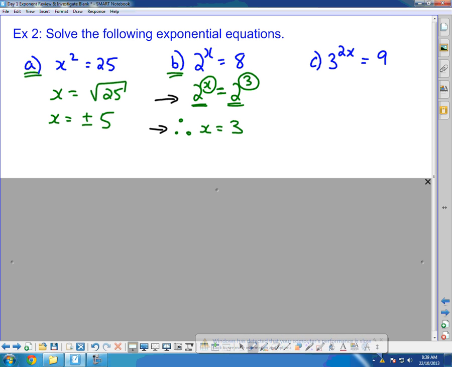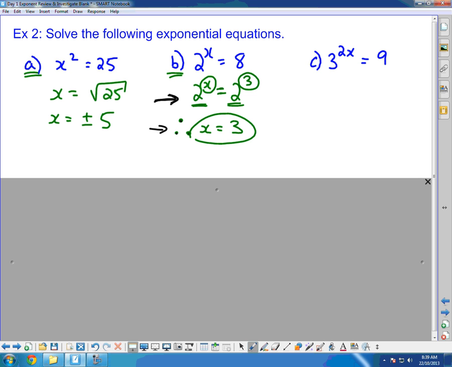That's not true. But we've done a logical jump here. We're saying the only way that this can be equal is if we look at the exponents. So I'd like you to say, therefore, the exponents are equal. And then now we have our answer.